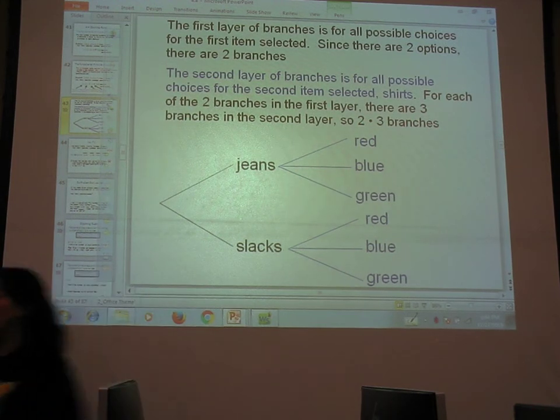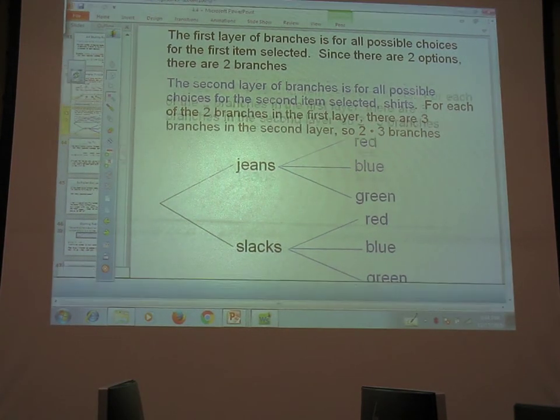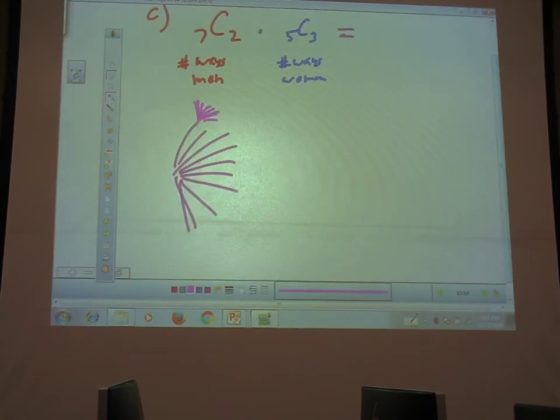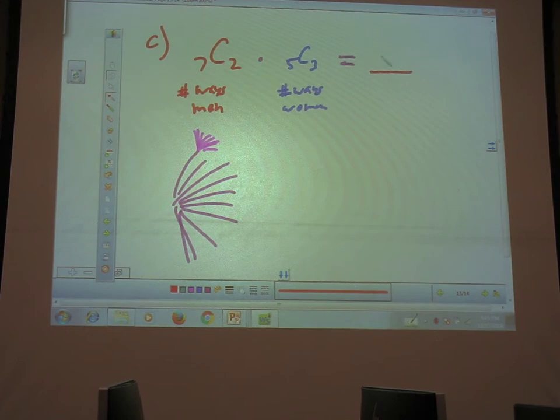So you take the number of ways there are of picking men, and then from every one of those, so actually why don't you guys go and find these? What's 7 choose 2? 21. And then what's 5 choose 3? 10.